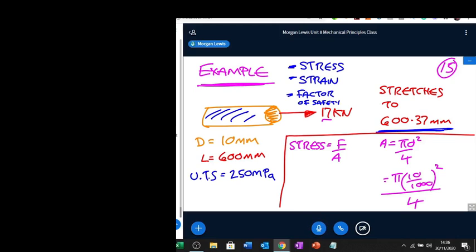Can somebody do it so I know we're correct? 78.54 something, times 10 to the minus 6. That's the area. Type a dot if you agree with me. And the force is 17,000, so it's 17 times 10 to the 3.